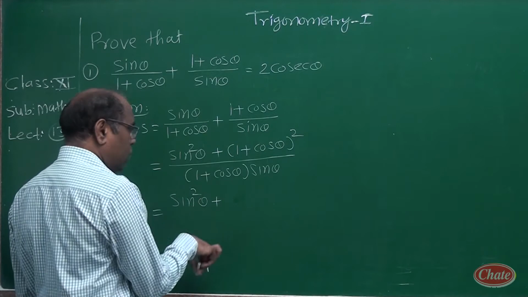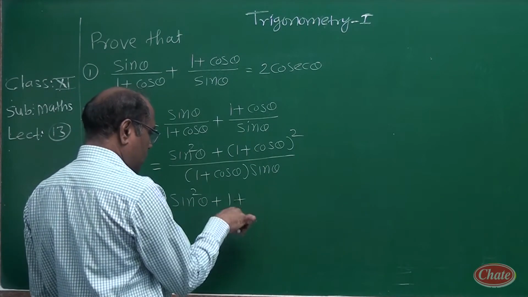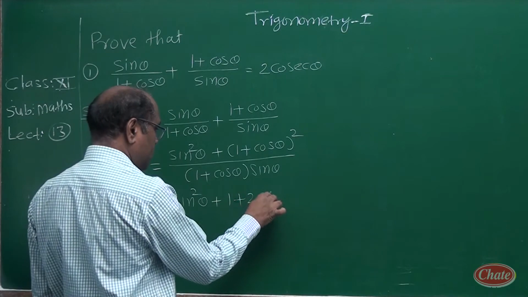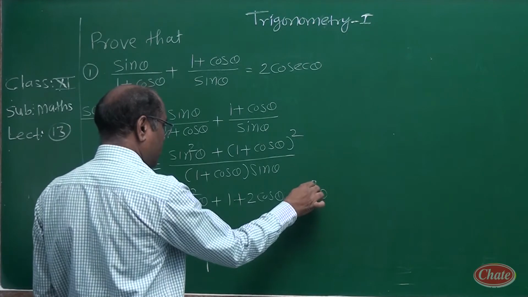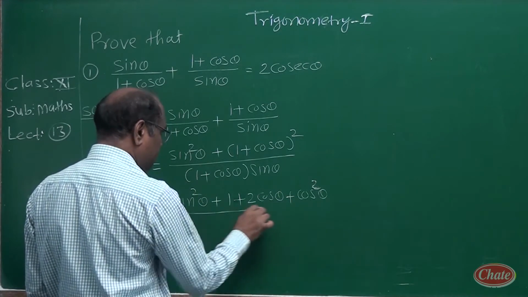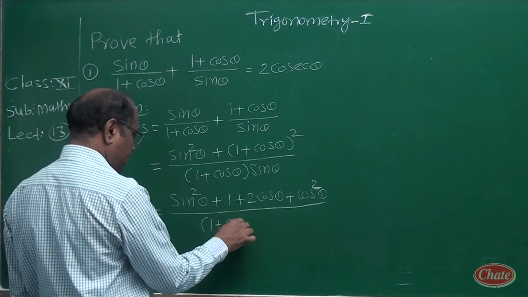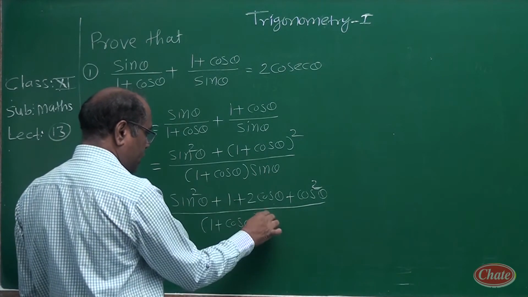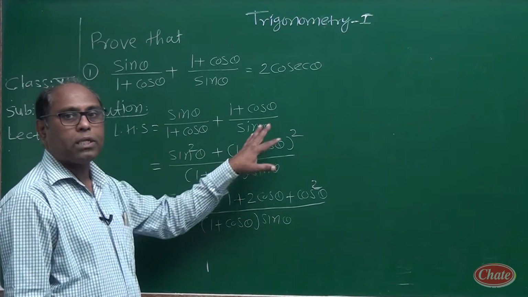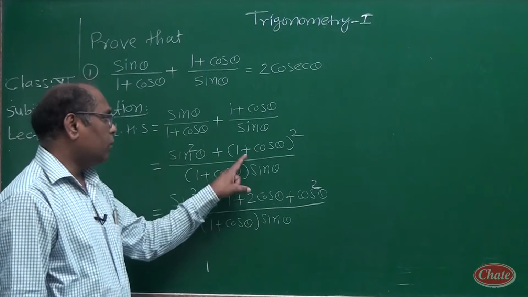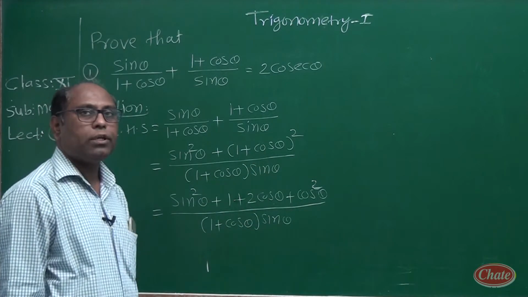So sin square theta plus 1 plus 2 cos theta plus cos square theta, divided by 1 plus cos theta into sin theta. What is 1 plus cos theta bracket square? 1 plus 2 cos theta plus cos square theta.